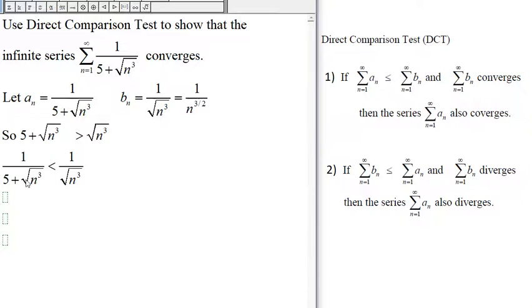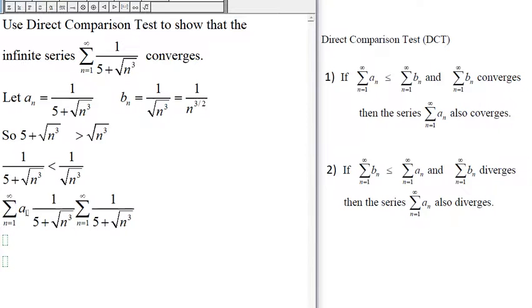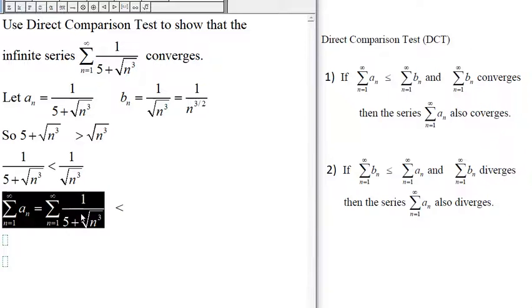And so this is less than that, so that means that this series, the series A sub n, is less than the series B sub n.